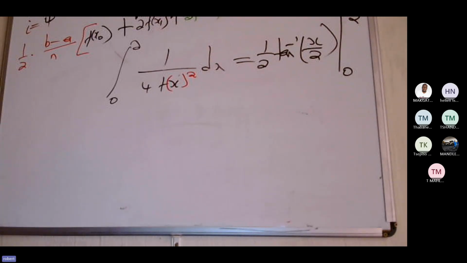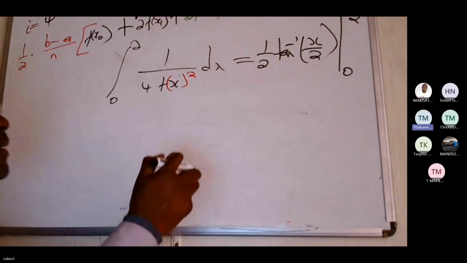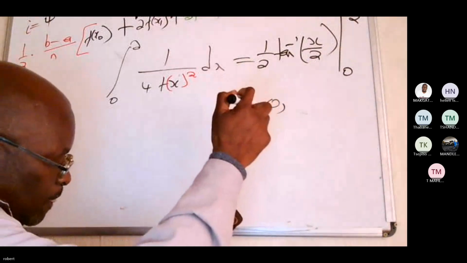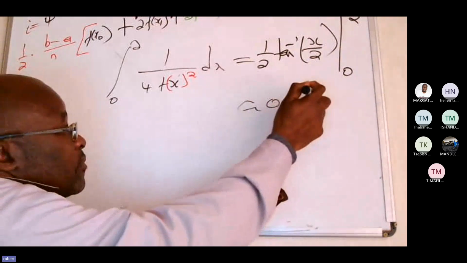Definitely you will need a calculator here. I'm just checking myself as well. 2 over, let's say 1. Oh, I've already created a fraction. Let me just proceed. I think it's going to be pi over 8, sir. The answer will be 0.39.